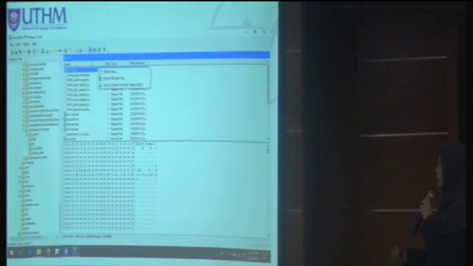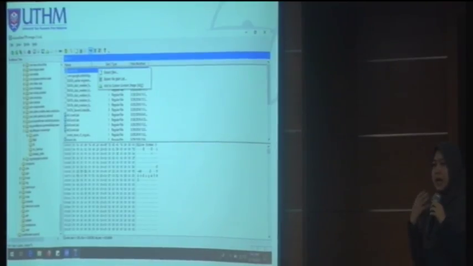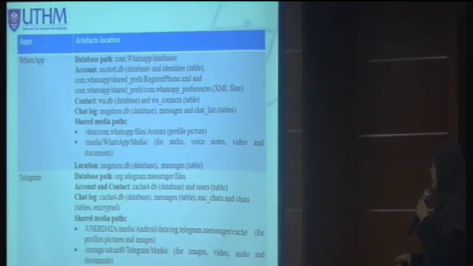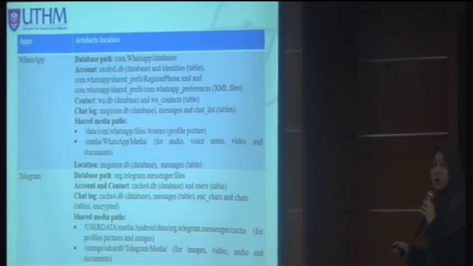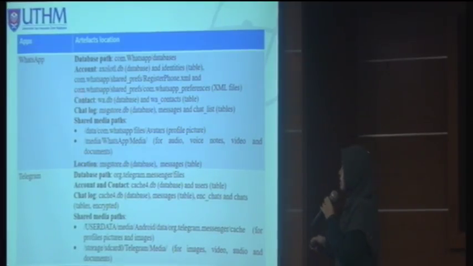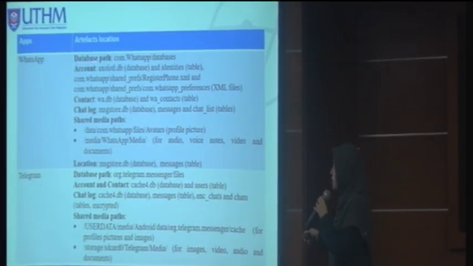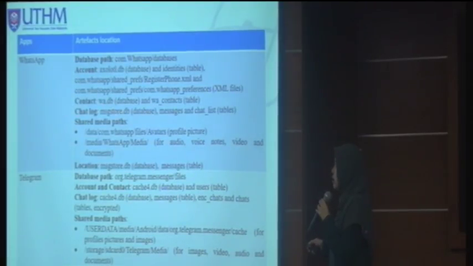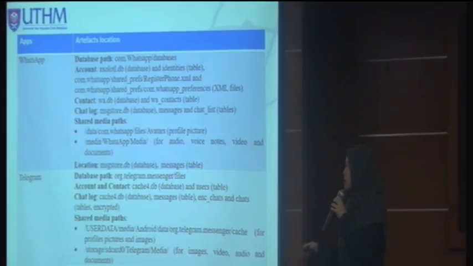Then it's time for us to summarize the evidence of interest location. So basically, for communication apps, we have summarized that it is important to know where the database, the account, the contact, the chat log, and also the shared media files are.